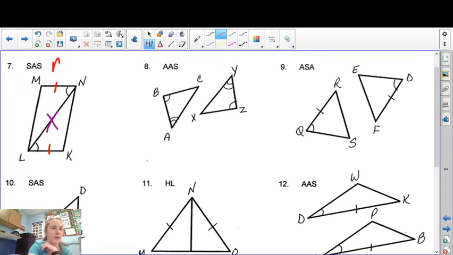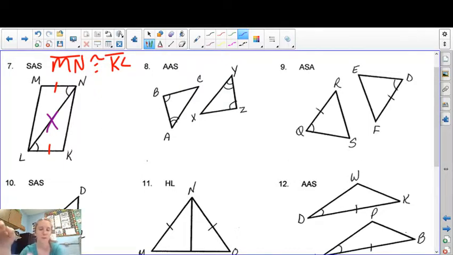So I need MN congruent to MN, so KL. Now for number 8, I need angle, angle side. So I have one angle marked, I have another angle marked, so it has to be the other side. So this one's AC. And then I have angle, angle side, so I need AC is congruent to YX.